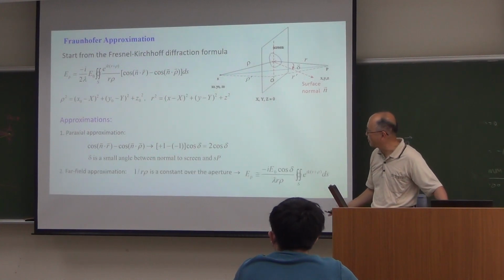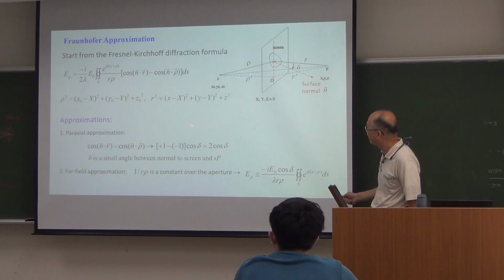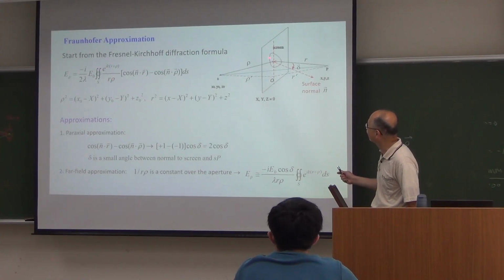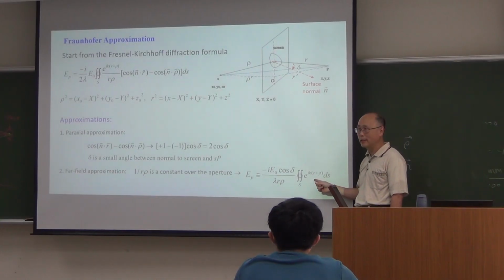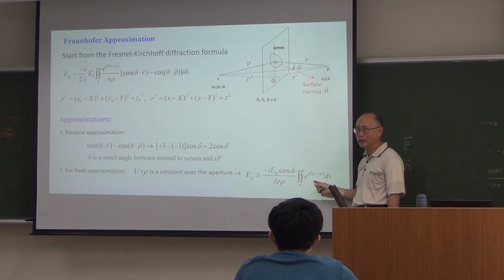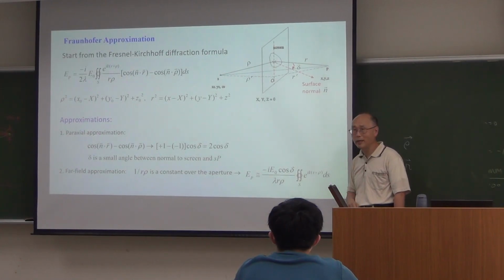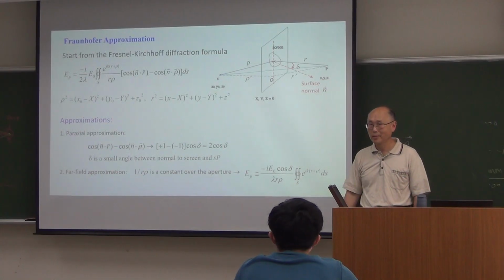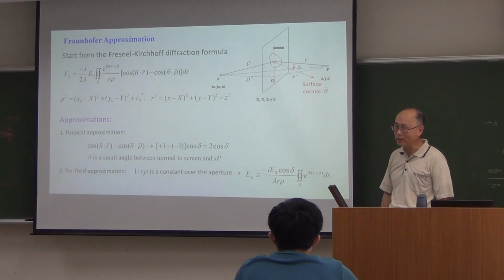Another thing is that the 1 over R rho is quite long compared with the actual size. So let's also take it out and put it outside. We only have to focus on this phase factor, because the phase usually varies much faster than the amplitude. This is a very good approximation.